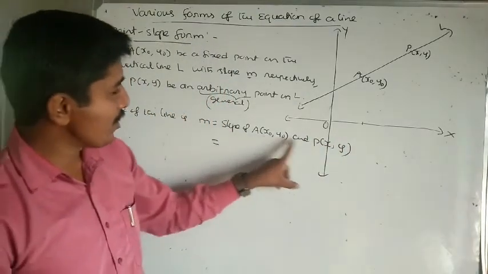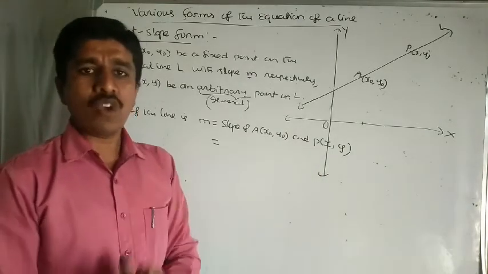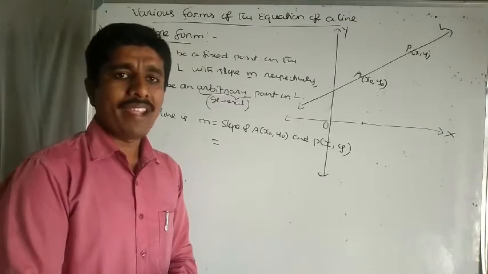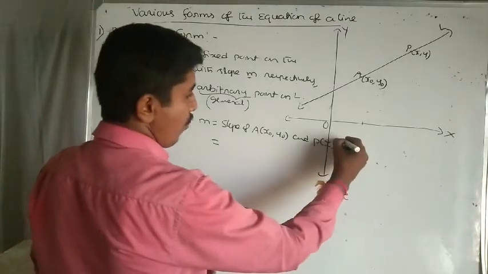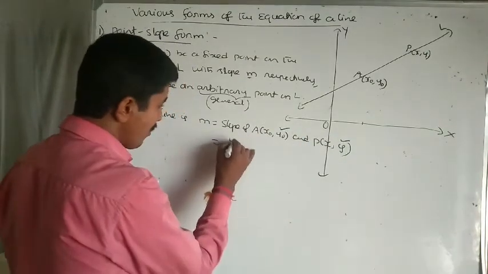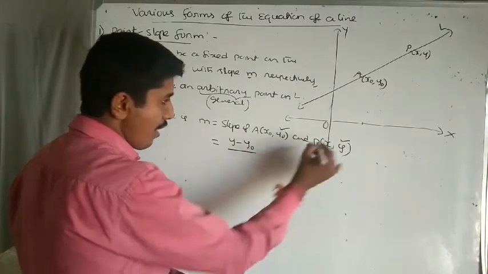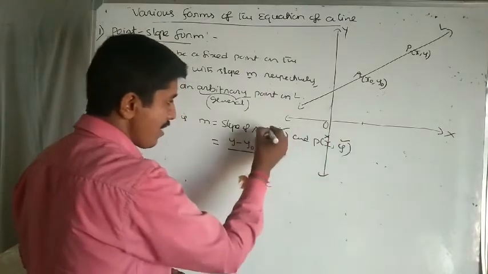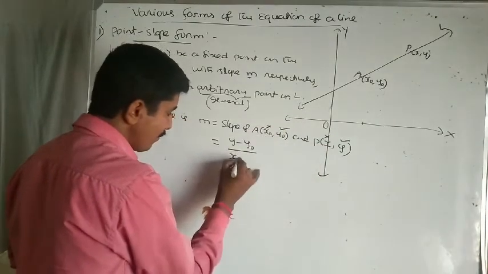It is the ratio of the difference of the y coordinates to the difference of the x coordinates. The y coordinates are y and y naught: y minus y naught, divided by the difference of the x coordinates, x minus x naught.